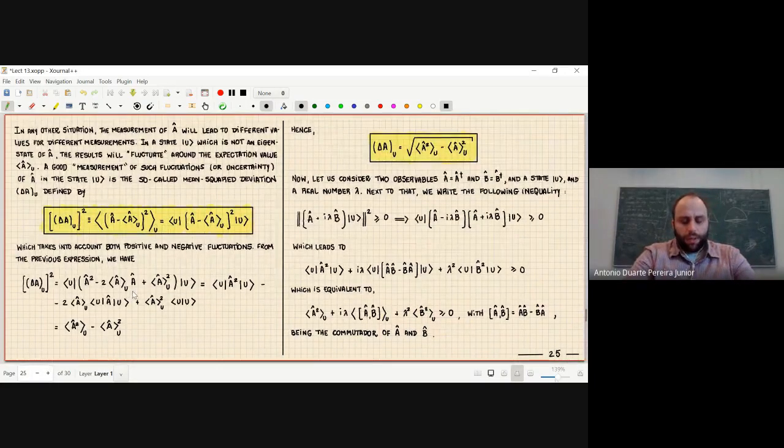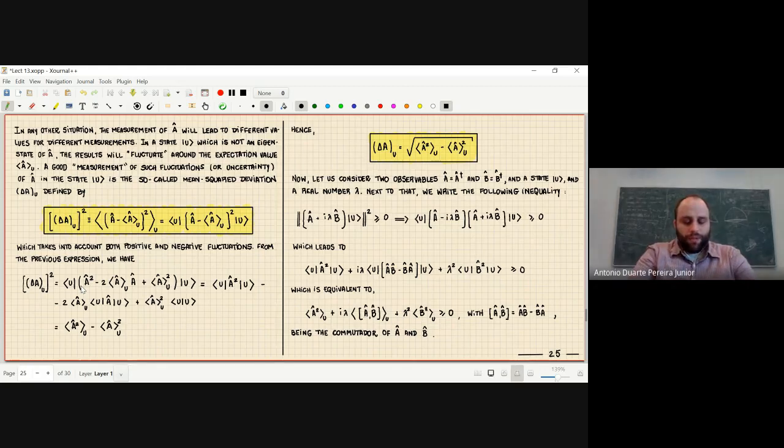Now we can look at this expression here. I have all these operators sandwiched by the state u, so I have the ket u here and the bra u here. This is a linear operation, so I can enter with the ket and distribute it to all the different A's, and also with the bra.